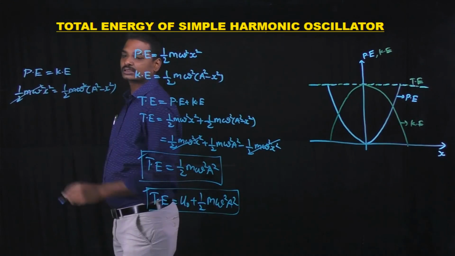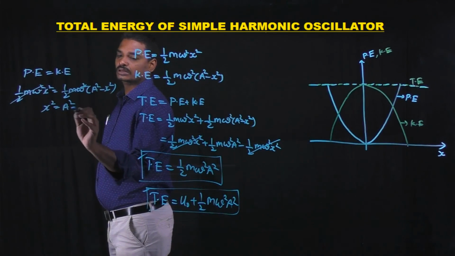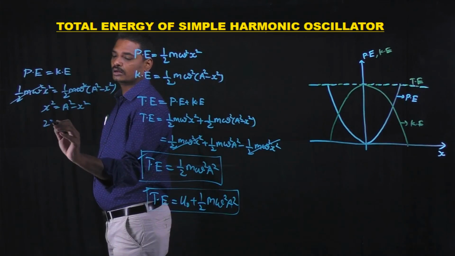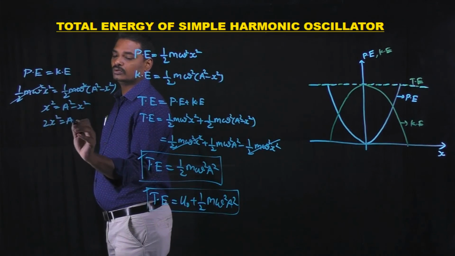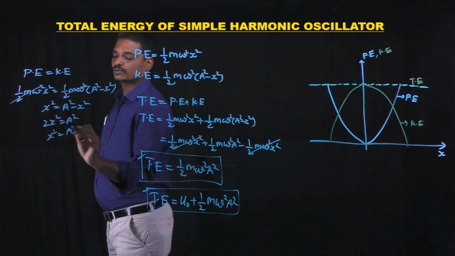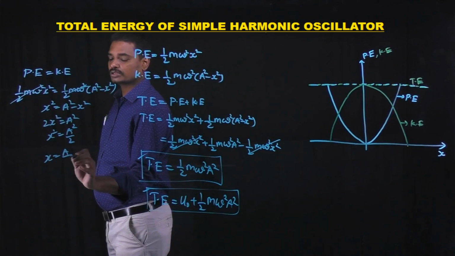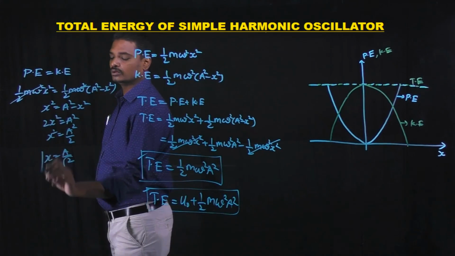Which gets cancelled, and can be written as x square is equal to a square minus x square, or 2x square is equal to a square, or x square is equal to a square by 2, or x is equal to plus or minus a by root 2.